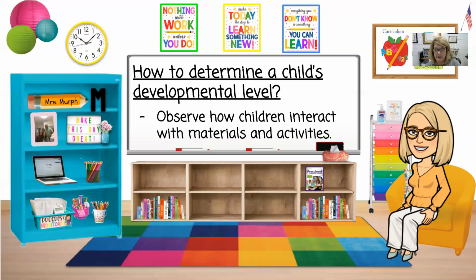How do children carry out this interaction with objects and activities and people that they come in contact with in their environment? That is the key to determining their developmental level. And then using the information that you observe and gain from that by planning the curriculum as suggested by NAEYC.